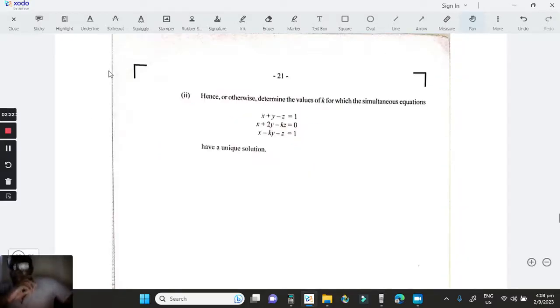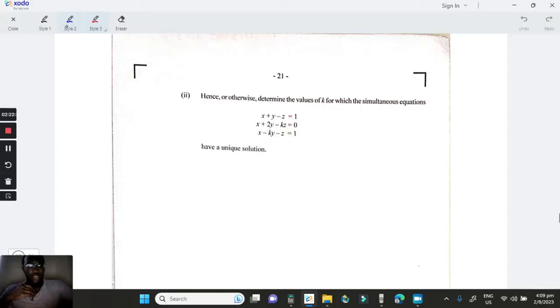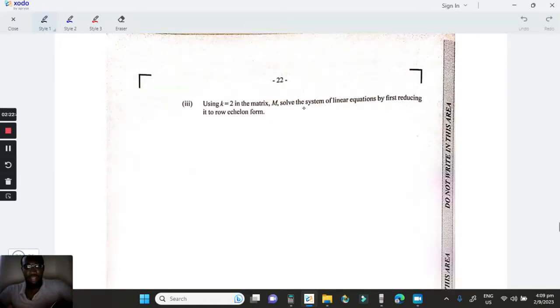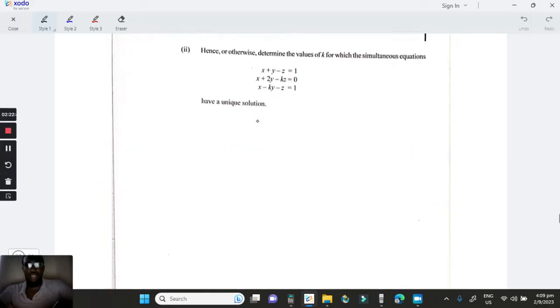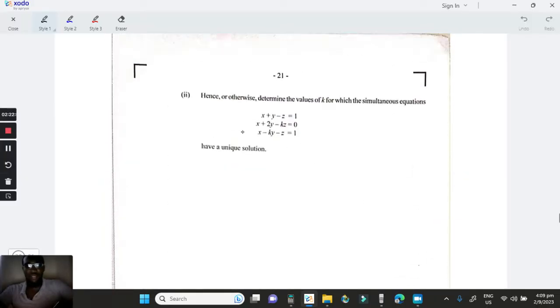Now it says, hence or otherwise, determine the values of k for which the system has a unique solution. Using row echelon, let me see, it's just 4 marks.